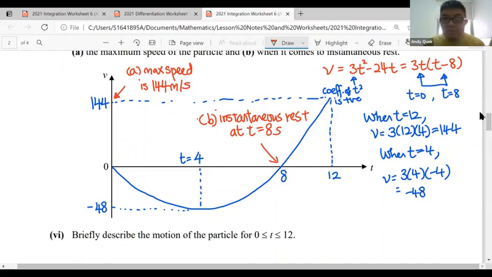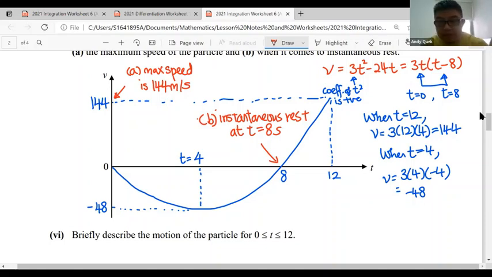How would we describe this motion? The graph is going to help us. We see that for the first 8 seconds, velocity is negative, and then for the remaining 4 seconds, velocity is positive.